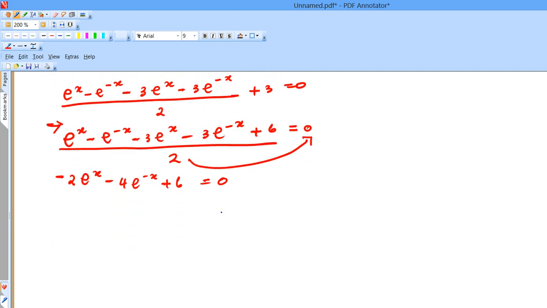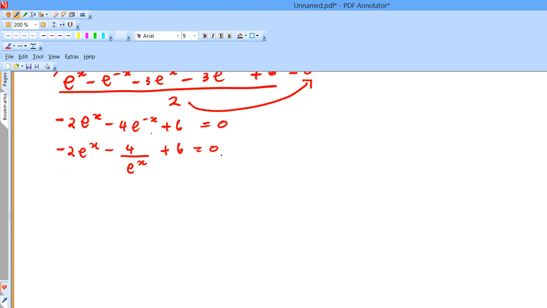The term with negative power we can write as negative 4 over e power of x, so we have a positive power expression, plus 6 equal to 0.